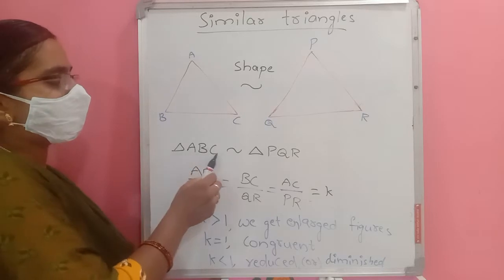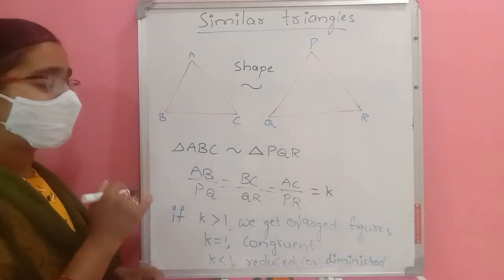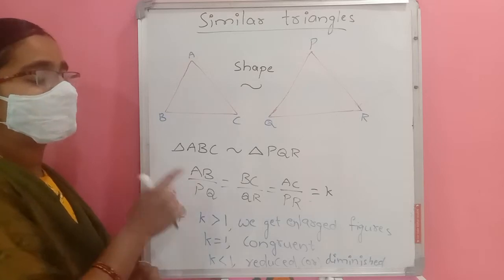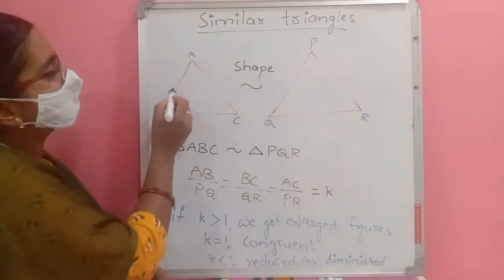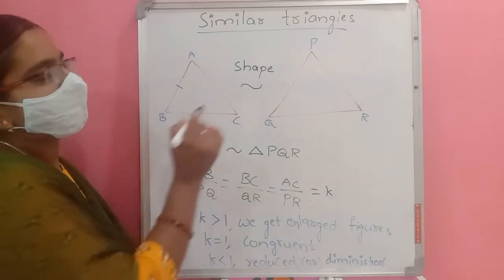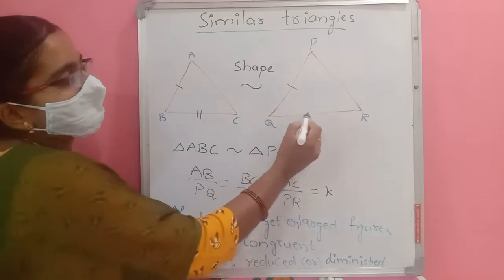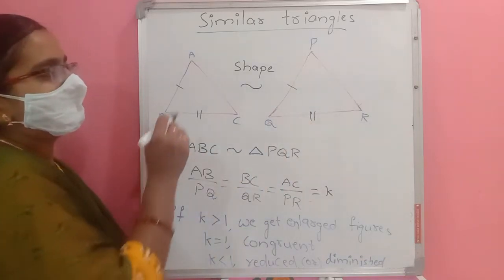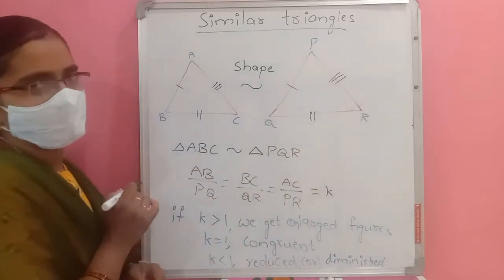So when triangle ABC is similar to triangle PQR, their corresponding sides' ratios are equal. Corresponding sides means here AB side corresponds to PQ side, BC side to QR side, and AC side to PR side.